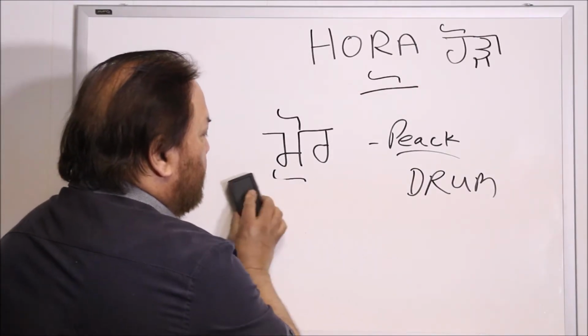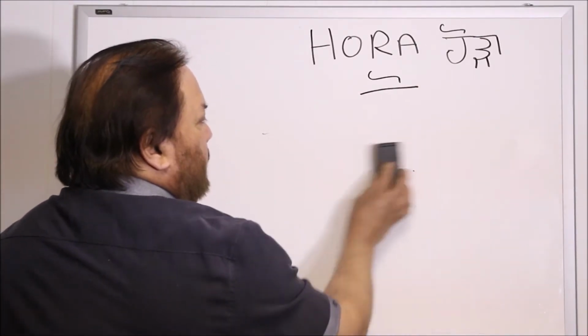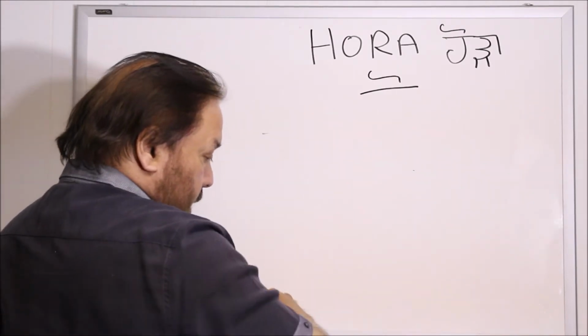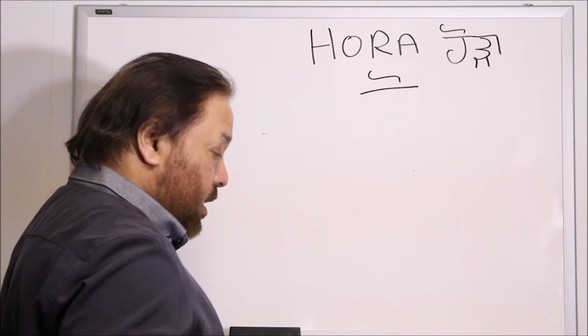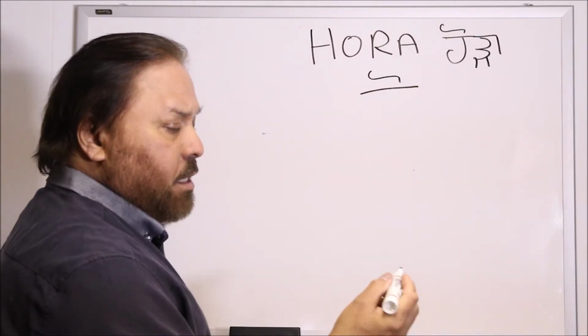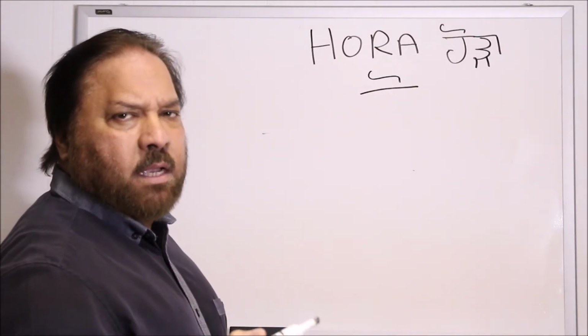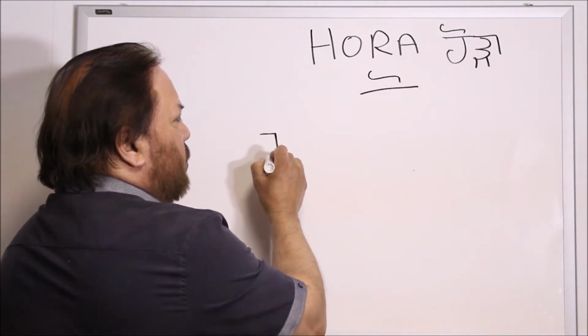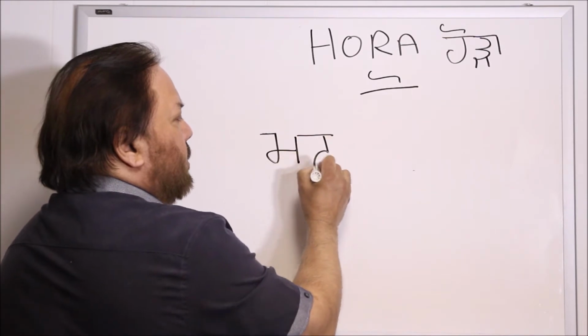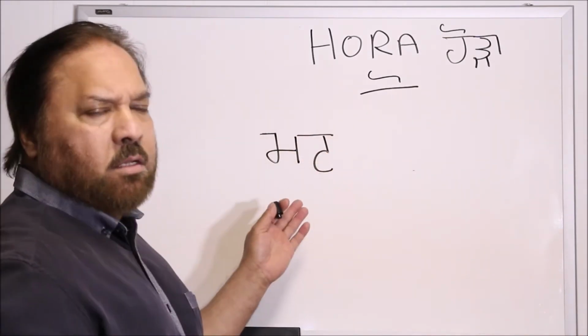I can use some more letters like this, or I can write down a fat man, which we call mota. So you know that mama, tenka, this will be mut.